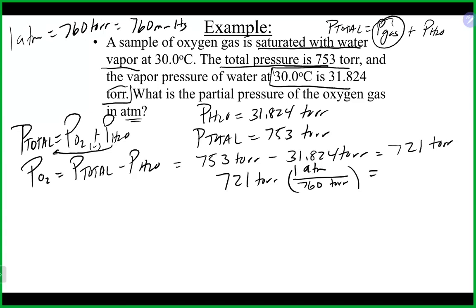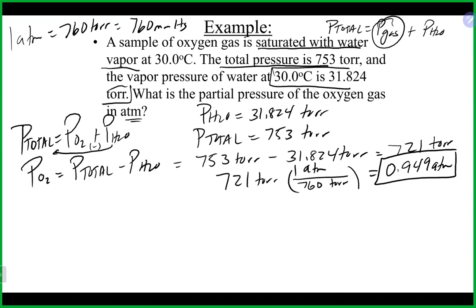And that would get us about 0.949 atmospheres in this case. So the nice thing about these is it's really just subtraction in most cases, so not too bad in terms of the calculation. And again, those are the keywords you're looking for: saturated with water vapor, collected over water.